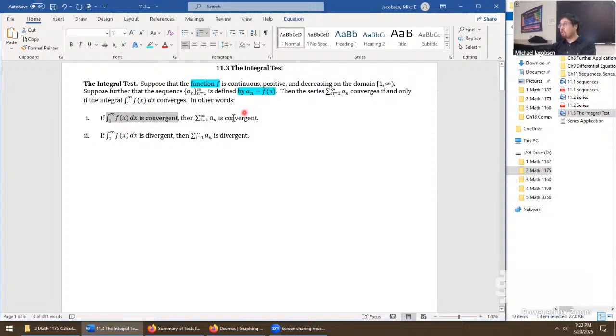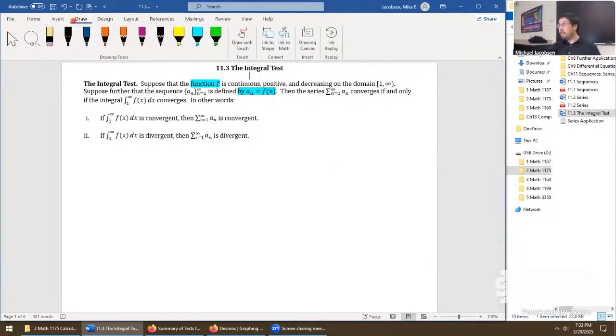Convergent here gives us a convergent series, and divergent here will give us a divergent series as well. So that's the whole test. You know, the challenging thing about it is to really explain how it works. So that's why you see all this white space down below here. We'll give a sketch to get a feel for what the test is trying to convey, and then we'll practice it out down below. Any questions first with just the statement of the test so far?